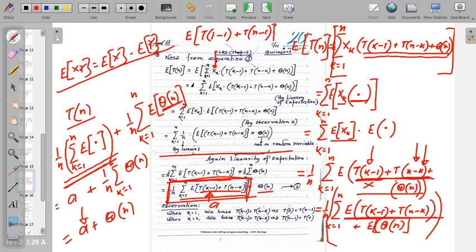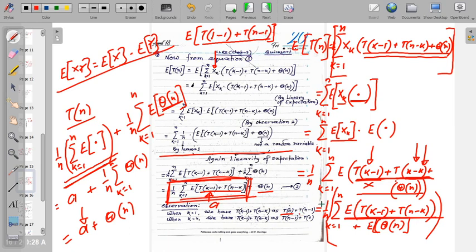I am taking inside this expectation the term t k minus 1 plus t n minus k. So it will be t0, 1 minus 1, t0 plus t n minus 1.